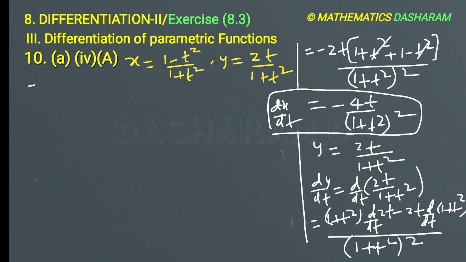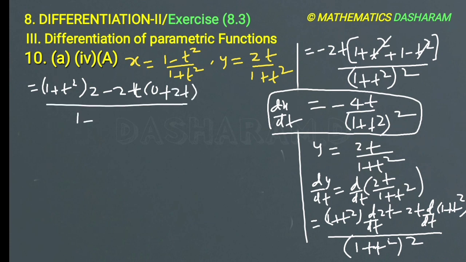Then it is equal to (1 plus t square) into derivative of 2t, which is just 2, next to 2t into derivative of (1 plus t square), which is 0 plus 2t, divided by (1 plus t square) whole square. So 2 bracket of (1 plus t square) minus 2t here plus 2t.